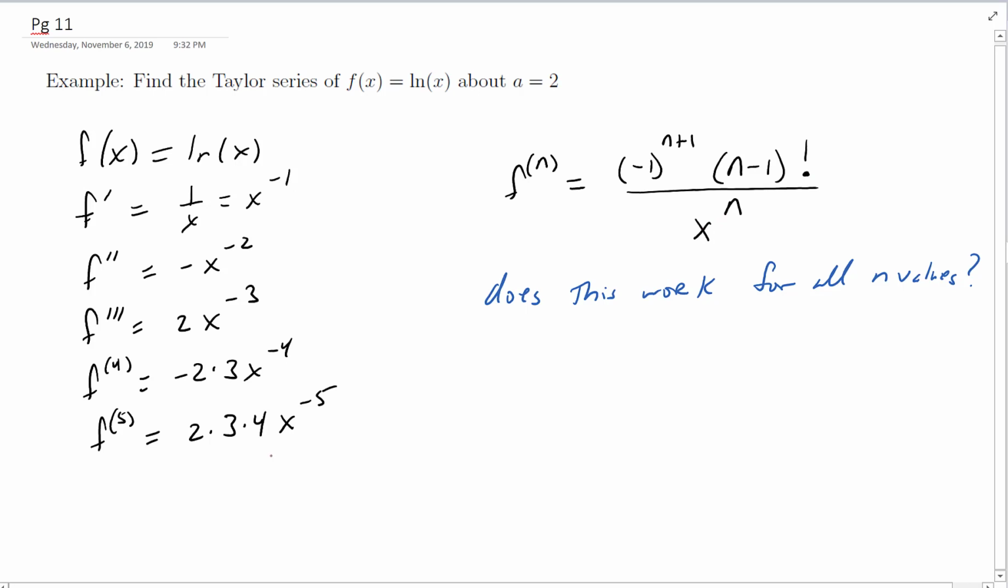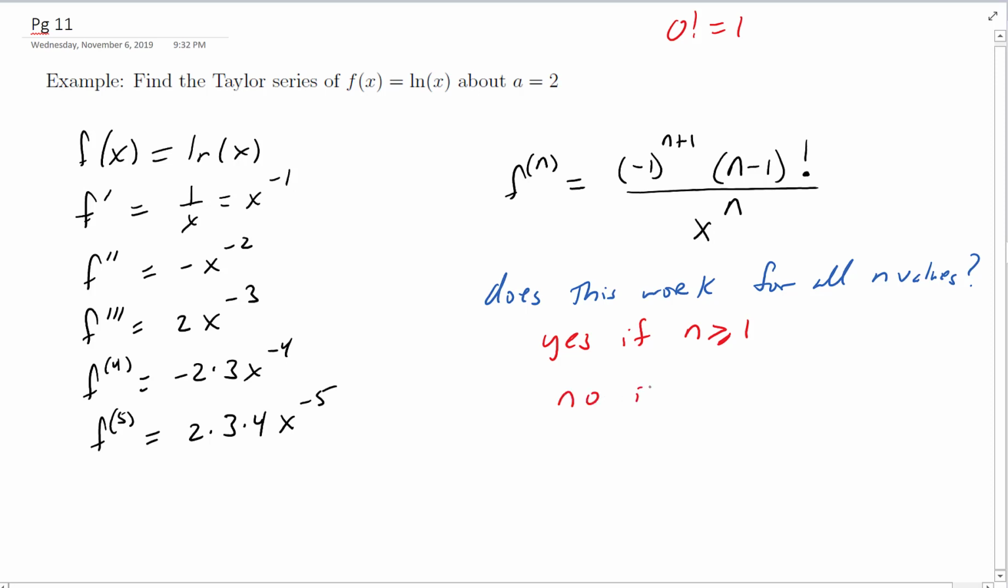And you can quickly check for 4, 3, 2, and 1. If you plug in a 1, minus 1 squared is positive. 1 minus 1 is 0 factorial. And guys, remember 0 factorial is defined to be 1. And x to the 1 is here. And the answer is yes, if n is greater than or equal to 1. As long as n is some integer greater than or equal to 1, the answer is yes.